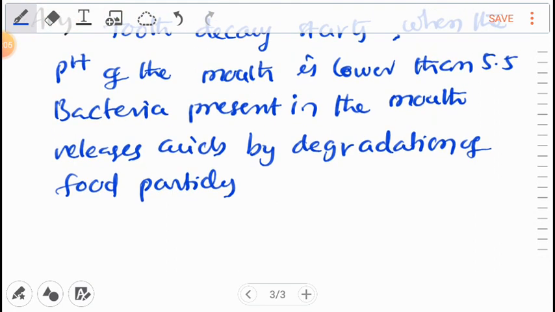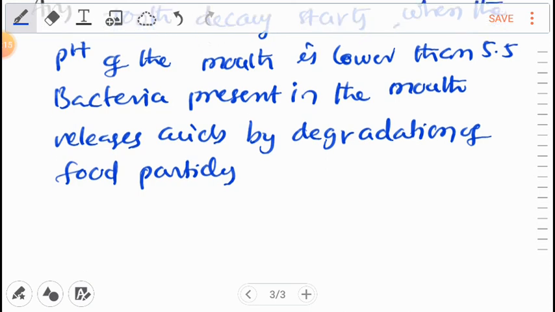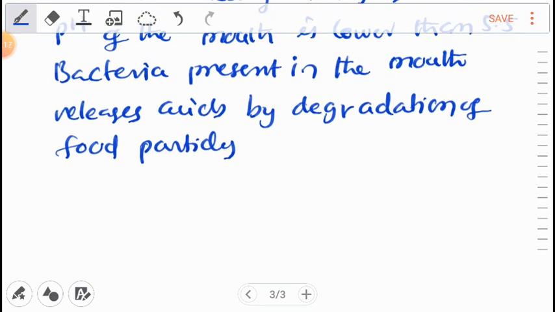So food is food for us, and food particles are food for bacteria. The best way to prevent this, what is that? Is to clean the mouth after eating, right?